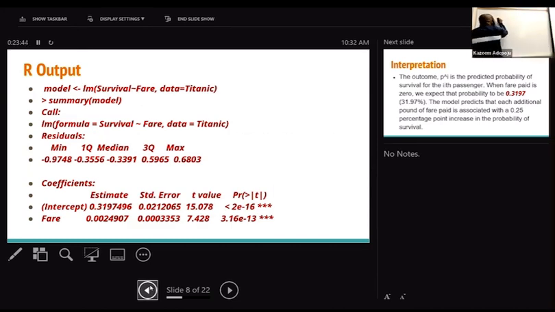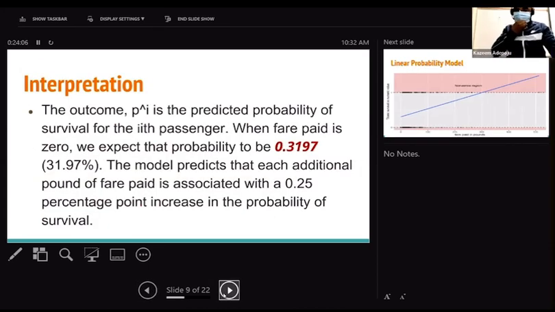Now, the probability of surviving is 0.31974 plus 0.024907 fare. You know what this is trying to tell me now? The PI here is the probability that the passenger will survive.